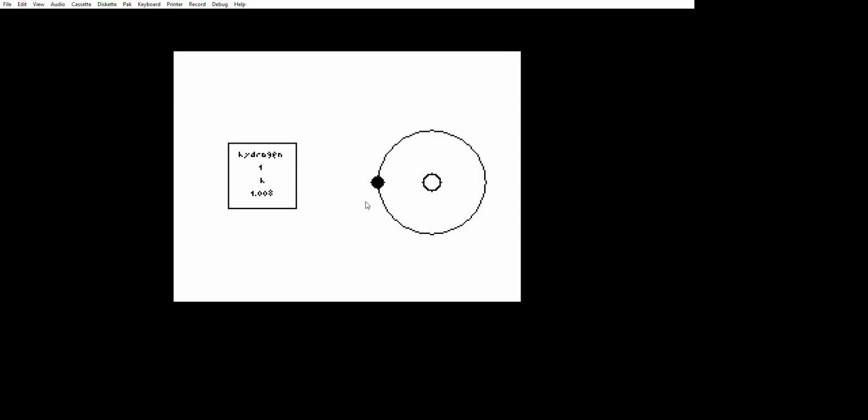So if you look at this bottom number here in the periodic table, the 1.008, this is its mass, and its mass is the number of protons and neutrons combined in the nucleus. We only have one proton and no neutrons, so that's where the 1 comes from.